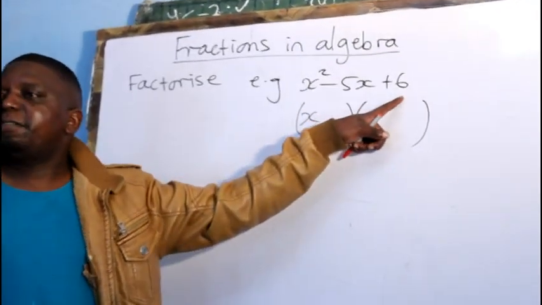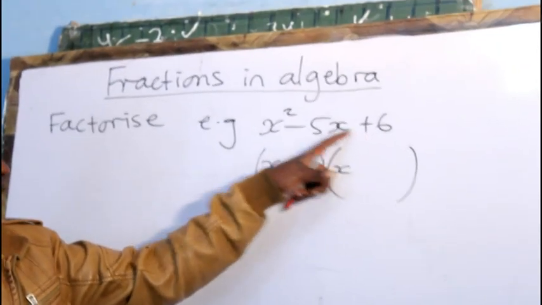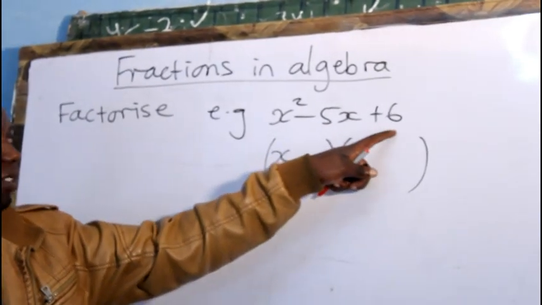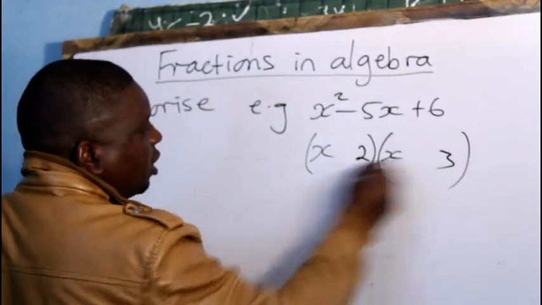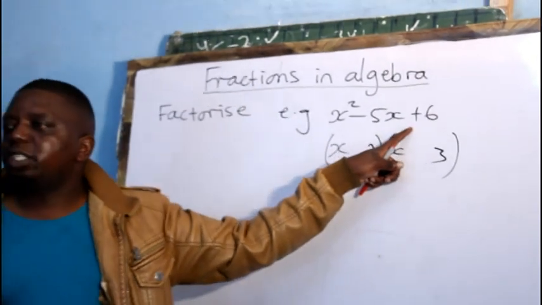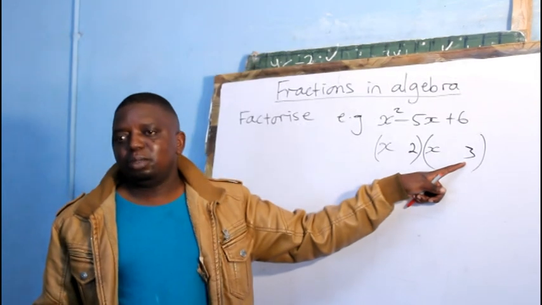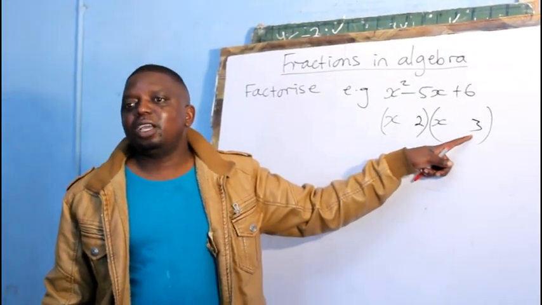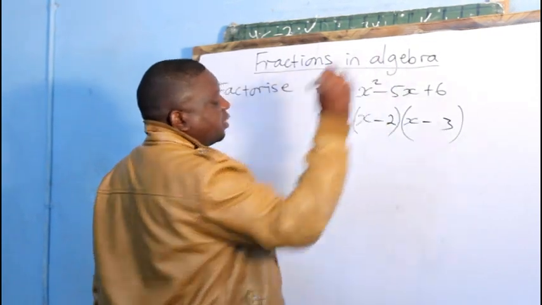Then we find factors of the third term, 6, which when added give 5. They are 2 and 3. The third term is positive, it means the factors are of the same sign, and they both take the sign of the middle term. So they both take the negative sign.